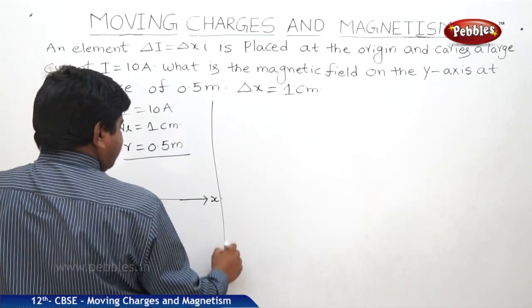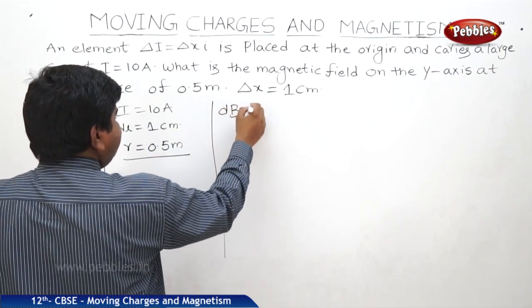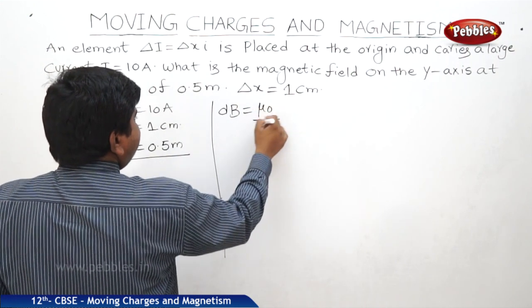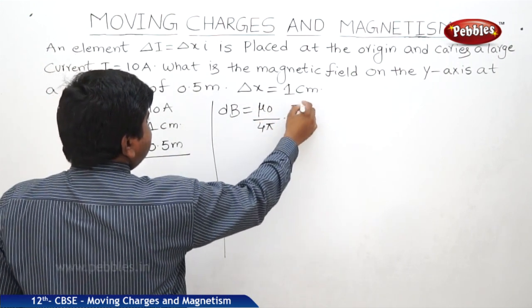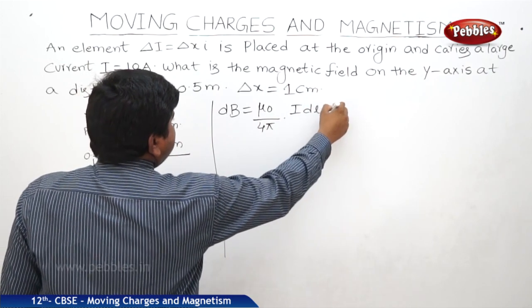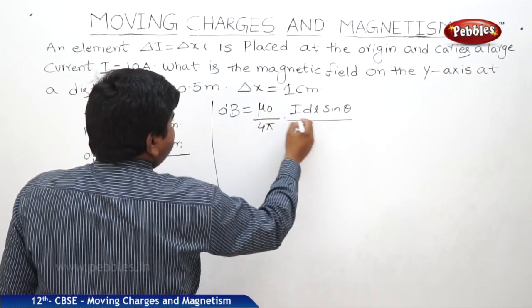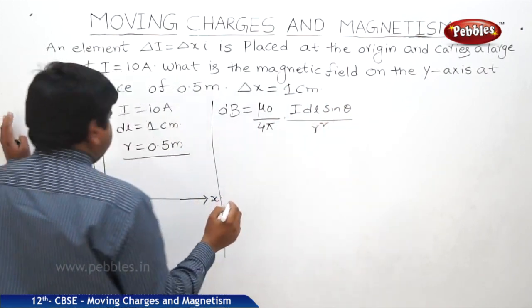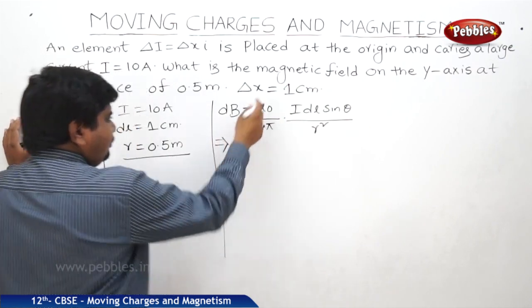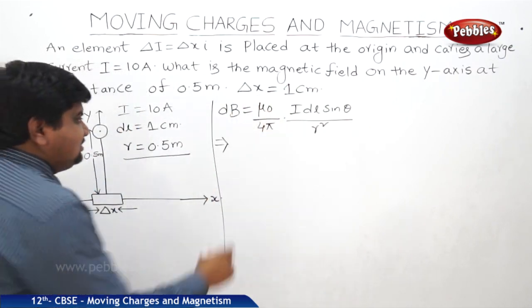So the expression is dB is equal to mu naught by 4 pi, I dl sin theta by r square. Mu naught by 4 pi is 10 power minus 7, we know that.